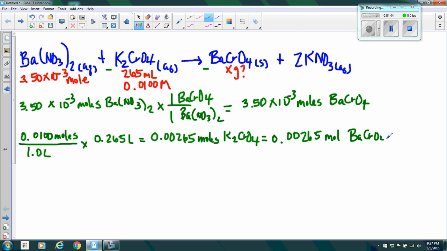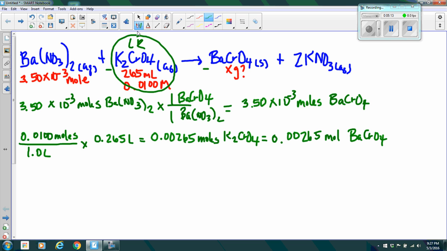So now I need to take a look at both of these substances and say, okay, which one is the smaller substance? Well, 3.5 times 10 to the negative third or 2.65 times 10 to the negative third. If I put them both in scientific notation, it's going to tell me that this is my limiting reactant because this is smaller. So I am going to write that over here, that this is my limiting reactant, because we are going to need to keep that in mind.